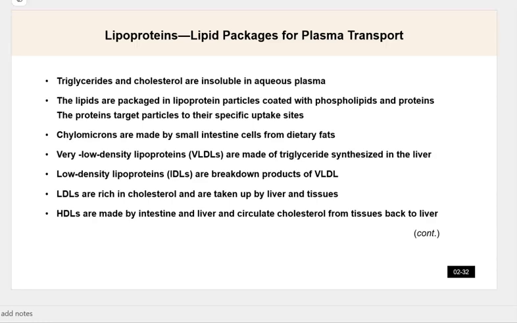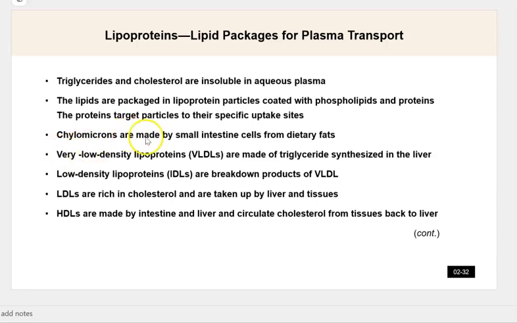We have chylomicrons, VLDLs, intermediate density lipoproteins, LDLs, and high density lipoproteins. If you go to Table 2.2 in the chapter, you can see those there, their sources, whether they're cholesterol or triglycerides, and what the names of the apolipoproteins are.